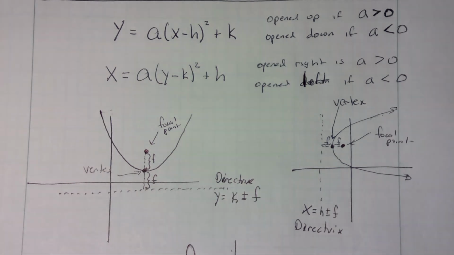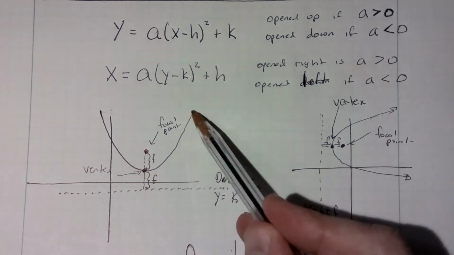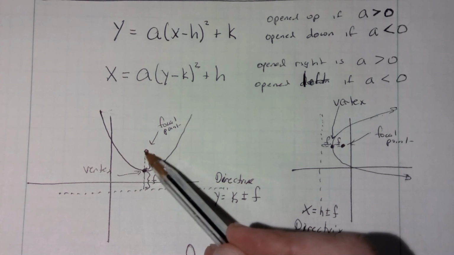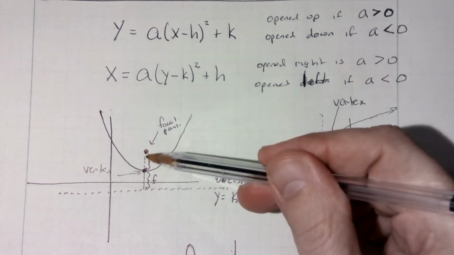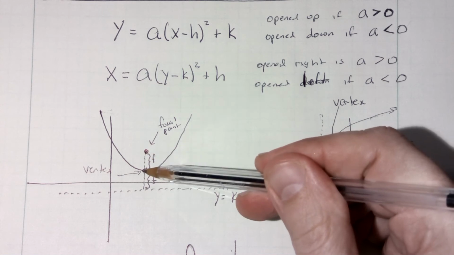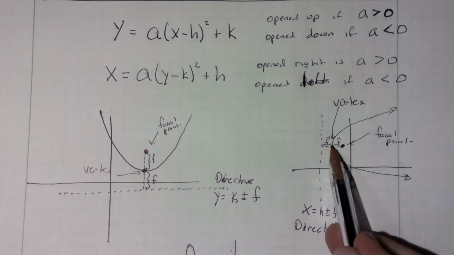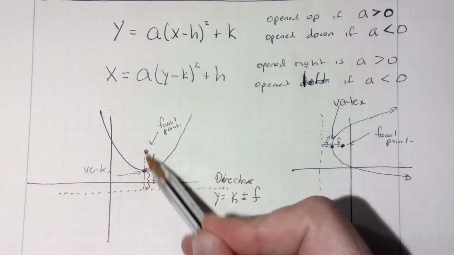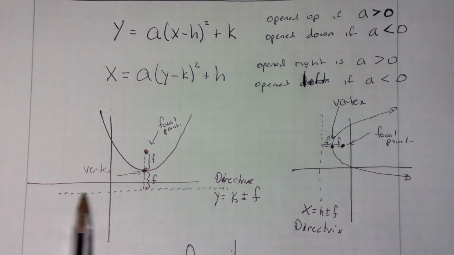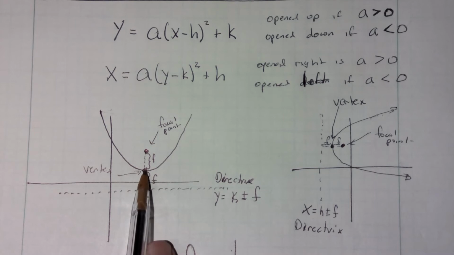I want to emphasize that a parabola is curved around a focal point. It's a certain distance away from the vertex, that lowest point, or the furthest to the left or right point of the parabola. That's the focal length. There's a line opposite the vertex that's exactly the same distance away from the vertex as the focal point is, that's called the directrix.